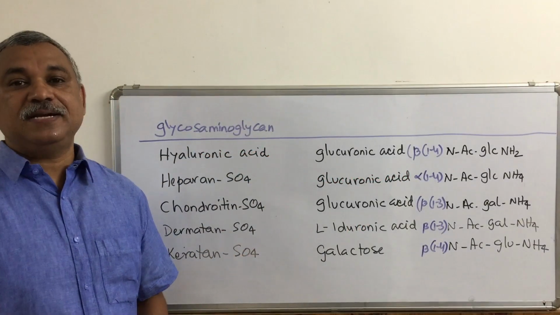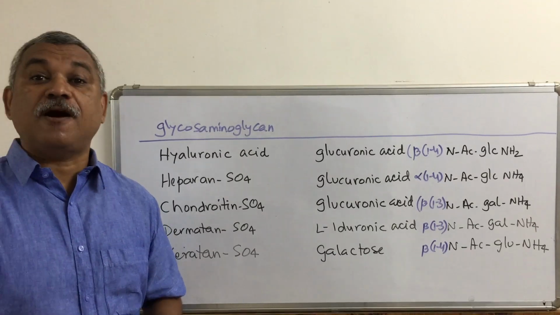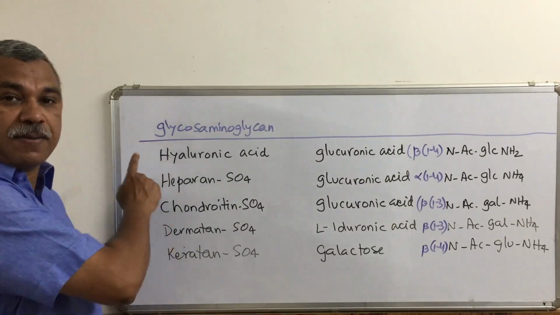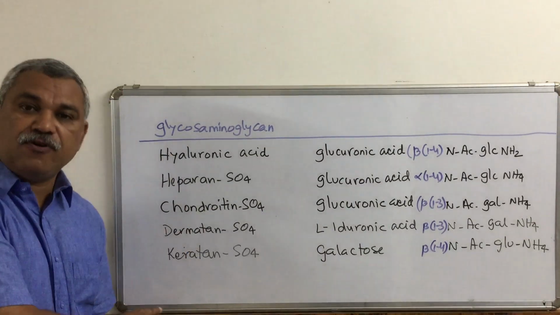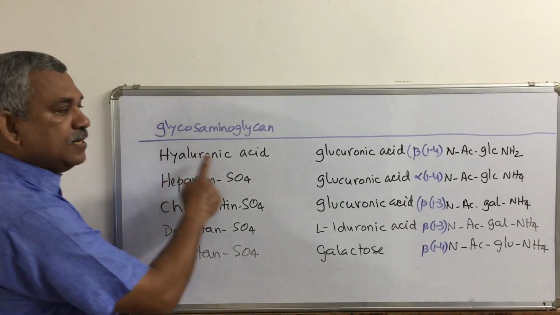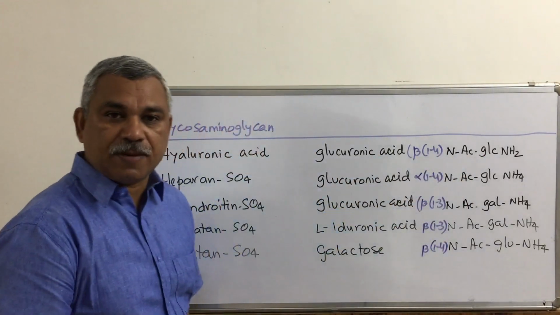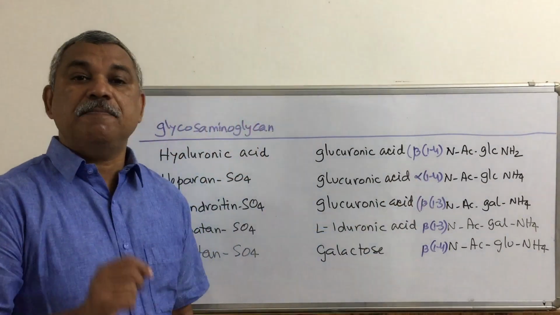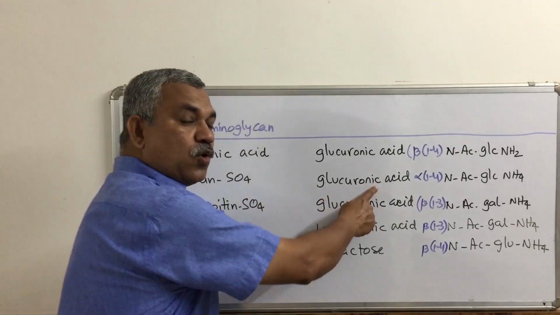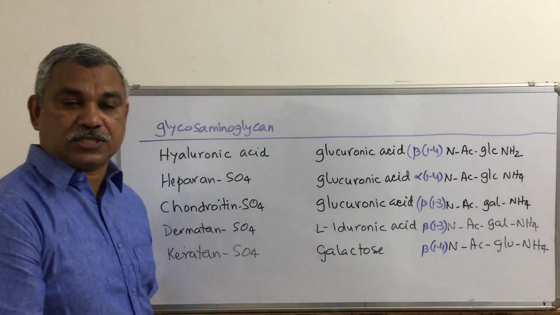This is a summary table that explains the kind of monomeric units found in mucopolysaccharides. There are mainly 5 glycosaminoglycans that we are explaining in this video. For example, hyaluronic acid has 2 monomeric units, glucuronic acid and N-acetyl glucosamine, linked by a beta-1,4 linkage. Heparin sulfate is glucuronic acid linked by an alpha-1,4 linkage to N-acetyl glucosamine.